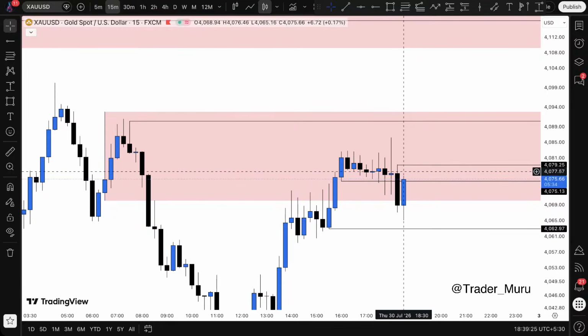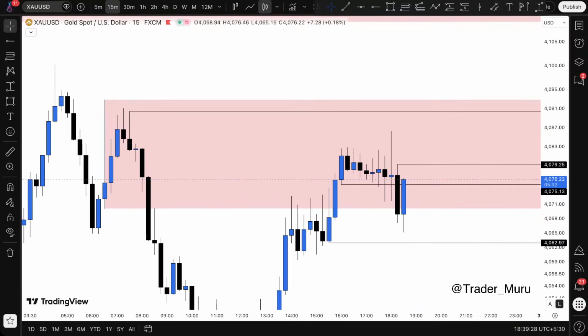Testing is done. Now wait for this candle to close. It should not close above 4079. Then we can watch for a short entry here. Okay, be ready.